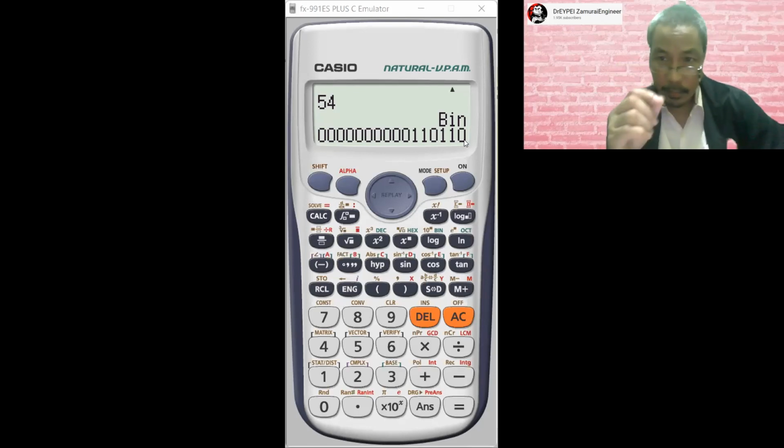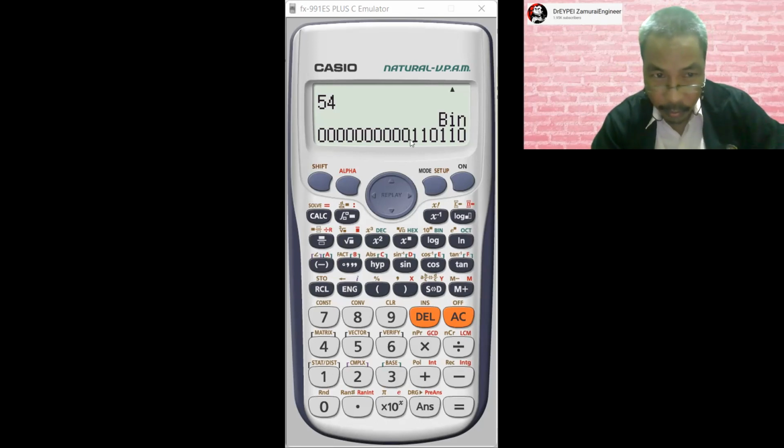Please note it in your scratch paper. 110,110. And I told you to convert 0.75 by multiplying by 2, and again by 2. The answer is 1. So we will put 1 at the next digits here. So what will happen is 110,110.11. That is the final answer.